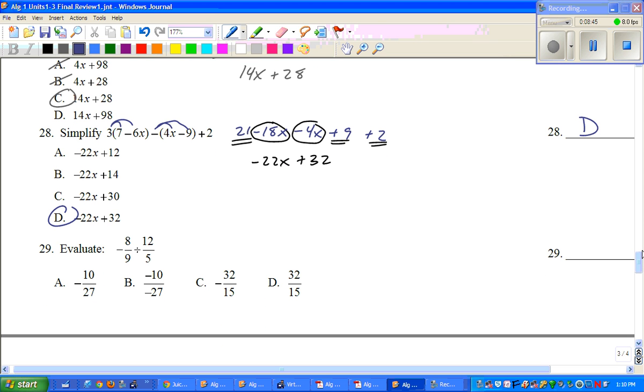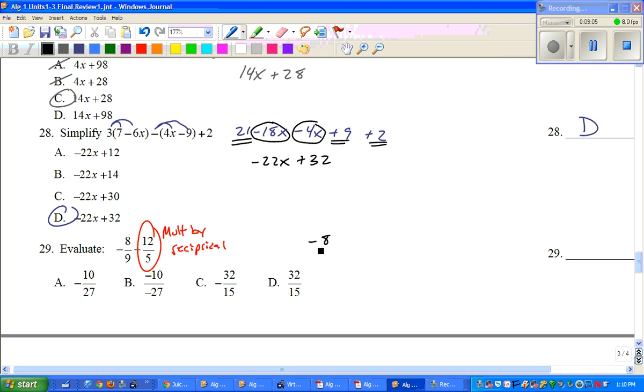Okay, and then finally number 29. Now, for some of you with really nice calculators, congratulations, you can just plug that in. Okay, but what we need to remember is when you divide, you really multiply by the reciprocal.